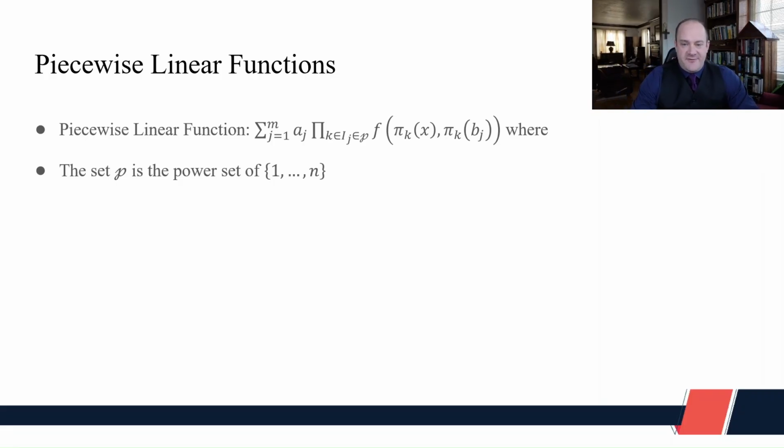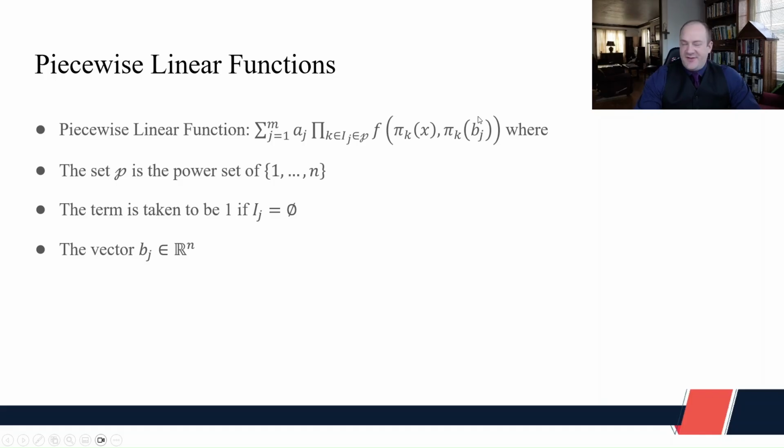And then this is the kth projection operator, so that just picks off your kth variable. And if we want a constant term, if we select the empty set from the set of our variables, we'll just say that's a constant term.